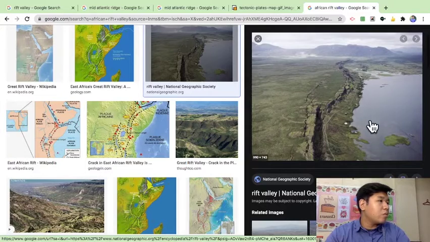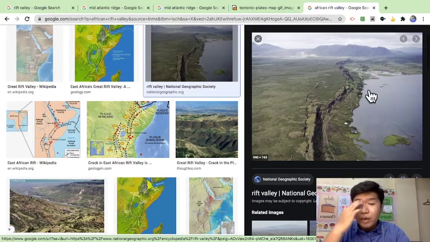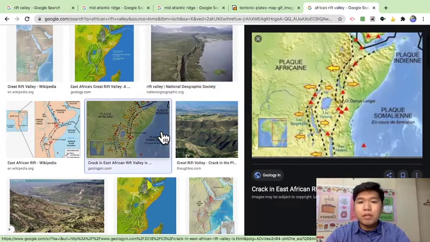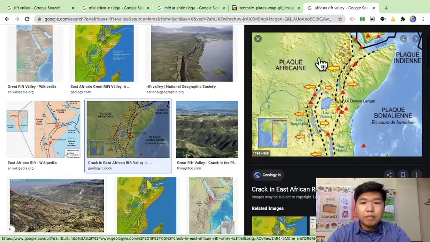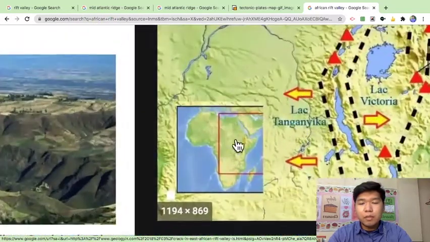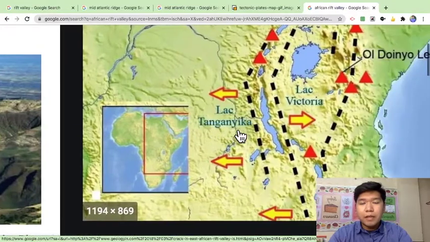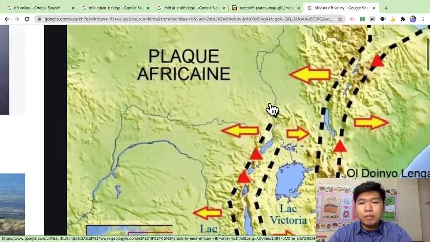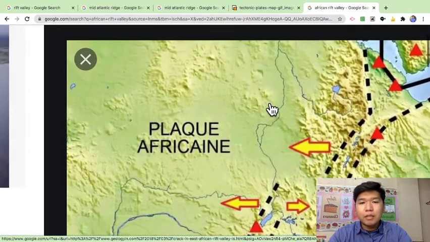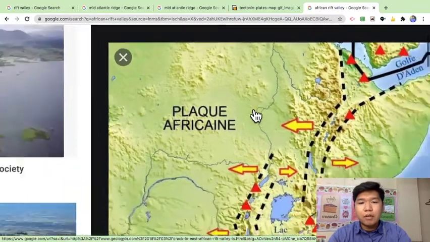These two tectonic continental crusts are actually moving away from each other a few centimeters per year. This is a good illustration by Geology In. It is over this part of Africa, and some parts are going away from each other. Look at that. This is the African Rift Valley.